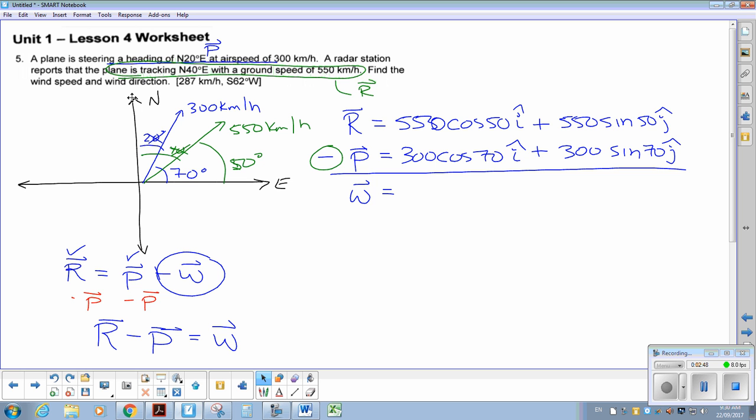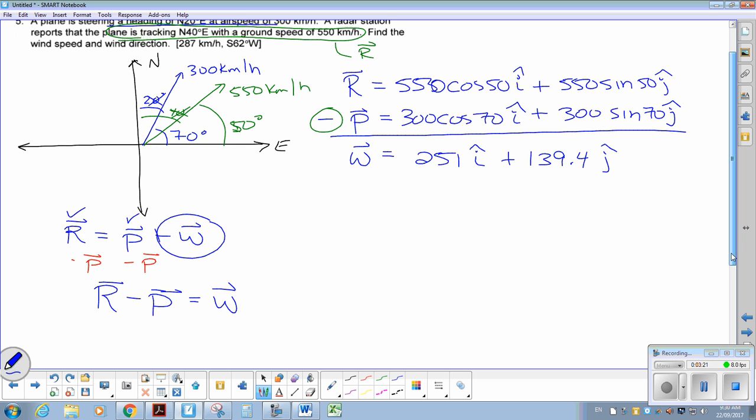So when we do the 550 cos 50 minus 300 cos 70, we end up with 251 i. And on the other one, 550 sin 50 minus 300 sin 70, we end up with 139.4, I guess. One decimal place there. So there is our resulting wind.